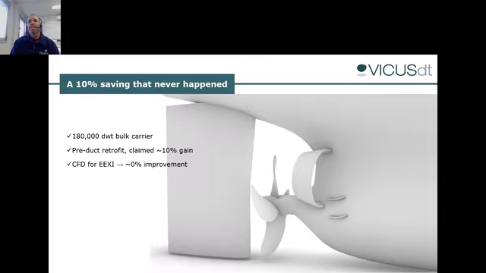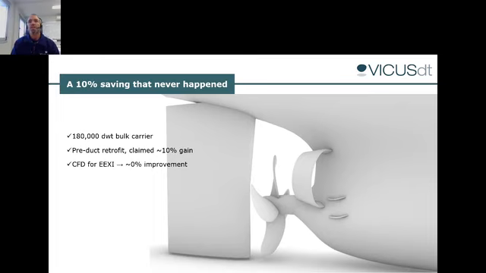They had installed a pre-duct and were very happy with it, because they believed it was a good investment. They came to us to find out, given the results of the new EEXI, how it could be improved, because this nice energy saving device was already installed.